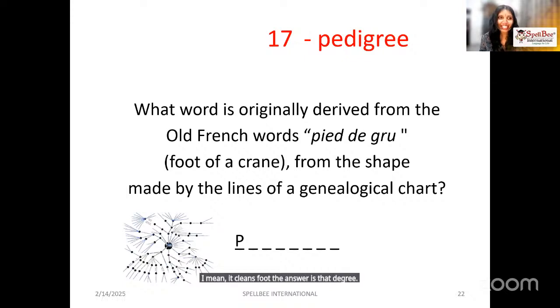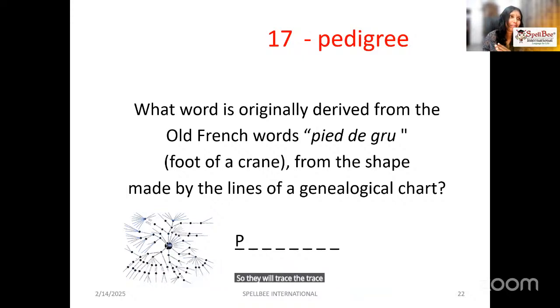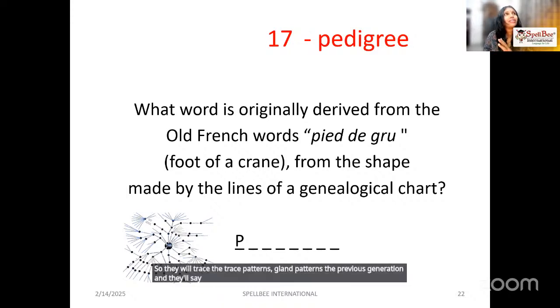Pedigree. So how do we know this word? Isn't it the company that makes food for dogs? Pedigree. Yeah, that is how you know this word, right? Many times we associate this word with dogs because when we go buy a new pet, we want to make sure that it has come from a good bloodline. So they will trace the parents, grandparents, the previous generation, and they'll say, for so many generations, this dog has come from a very good pure blood.